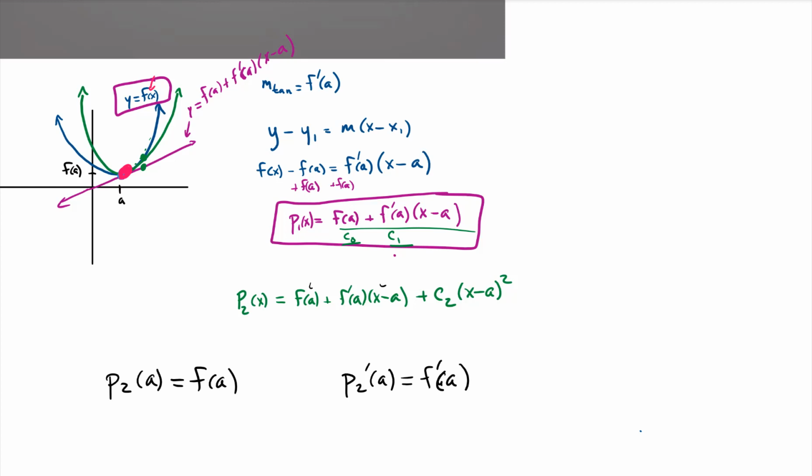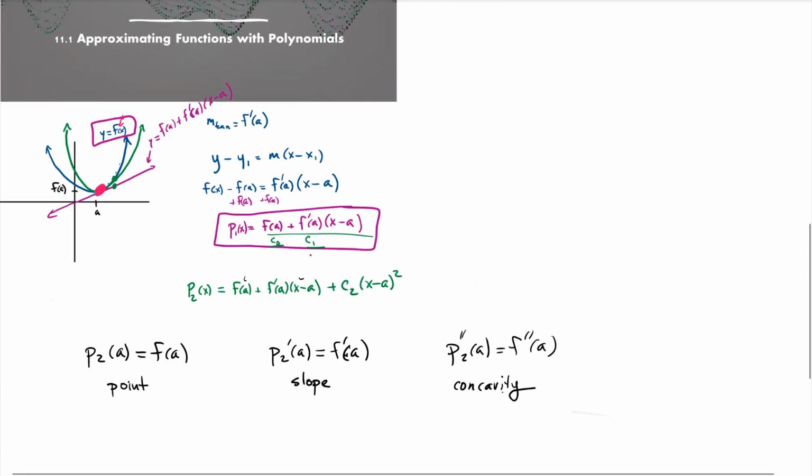So the point must match, the slope must match, and the concavity must match. So P sub 2 double prime of A is equal to f double prime of A. So let's take a derivative of P sub 2.